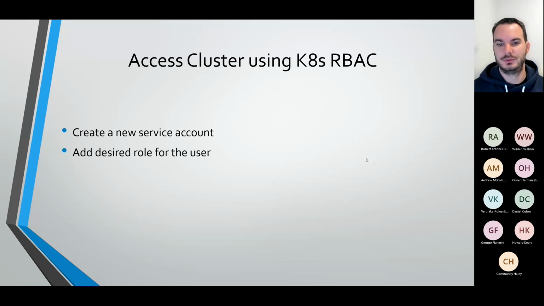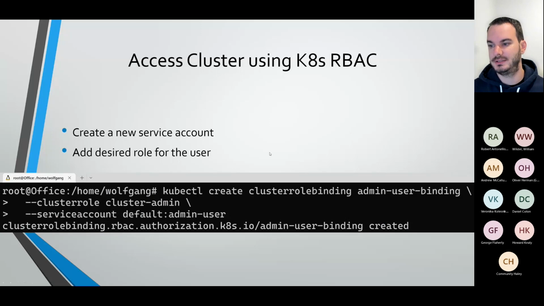Then you have to give this user the desired role. In Kubernetes, you can use a cluster role binding. Then you say what cluster role. So I use the cluster admin, so my user can do everything on the cluster. And lastly, you say what user. So it's the previously created admin user.